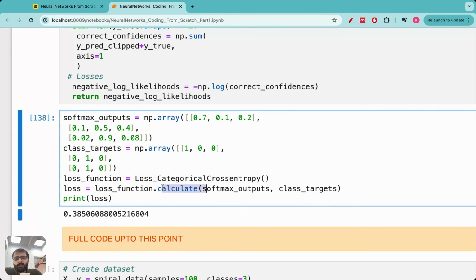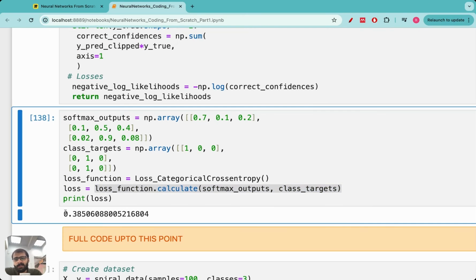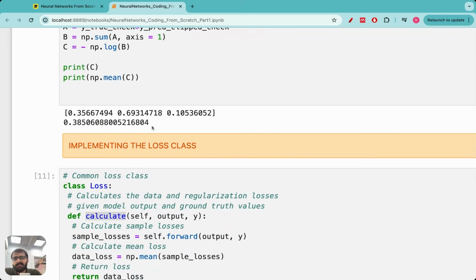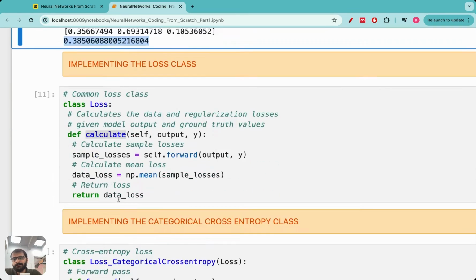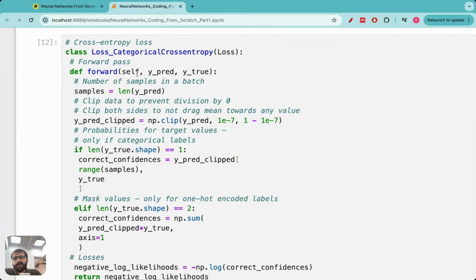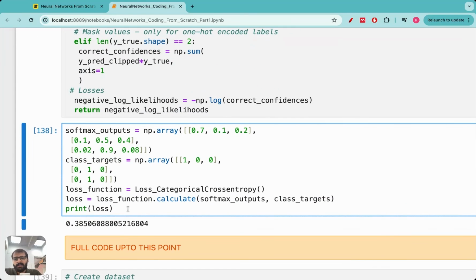Once we use the calculate method, we get the output of the loss function, which is the negative log likelihood array, and then we find the mean. The mean is printed out as 0.385, which is exactly the same mean as we had obtained earlier. So this is the advantage of writing classes in Python. Within 6 lines of code we got this answer.